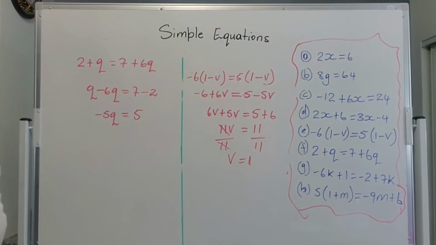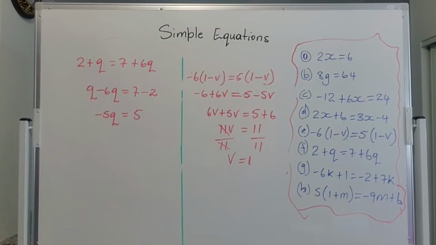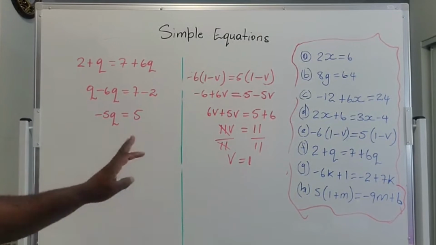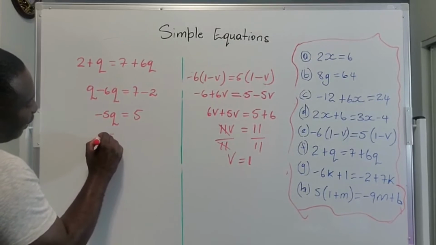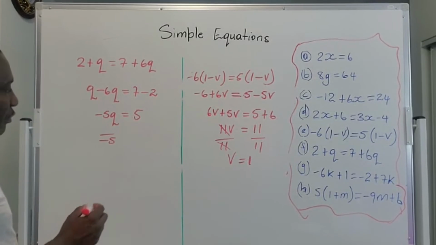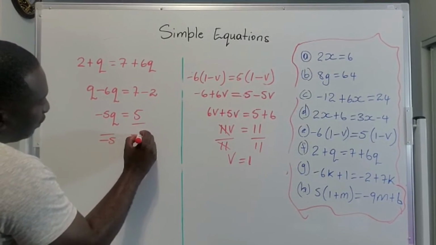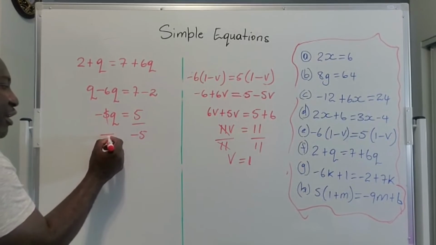What do we need to do? Someone said that we need to divide by negative 5. That is correct. So remember, we are dividing both sides by negative 5. Hence this will cancel here.